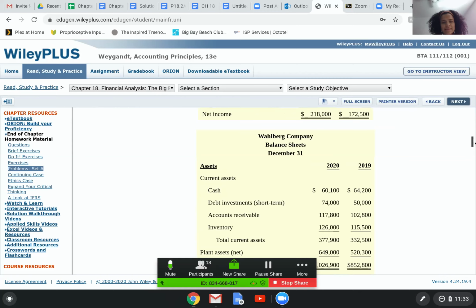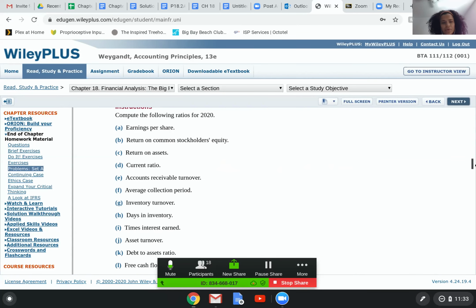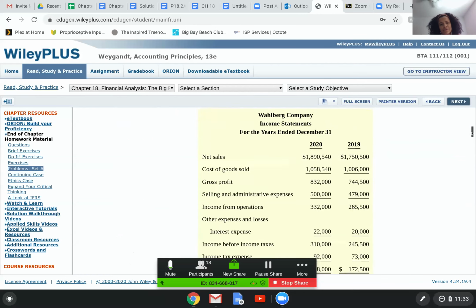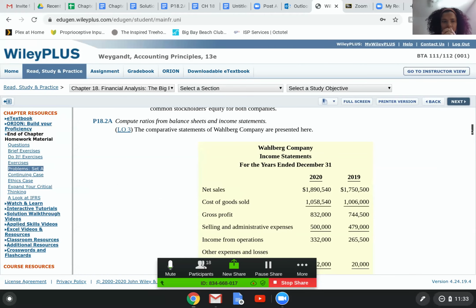What this is, I'm just drilling you on being able to calculate ratios. I know that we did ratios together in class, but remember, I was doing all the calculations and you guys were just following along. Unlike with the other chapters, we haven't yet had a chance where I throw a problem at you and you sit and do the calculations and see if you can actually get to the correct answers.